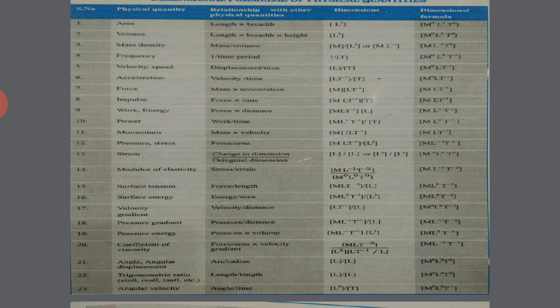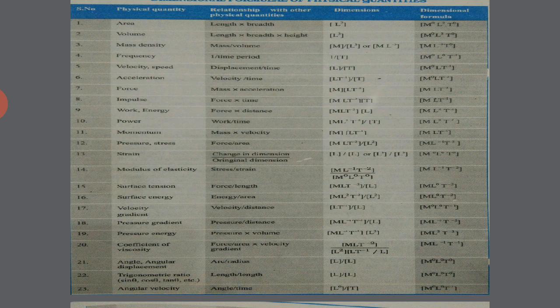So pressure, stress and modulus of elasticity, all three have the same dimensional formula. Surface tension, force upon length, force having M L T minus 2 upon length, and the final formula will be M L0 T minus 2. Surface energy is energy upon area.